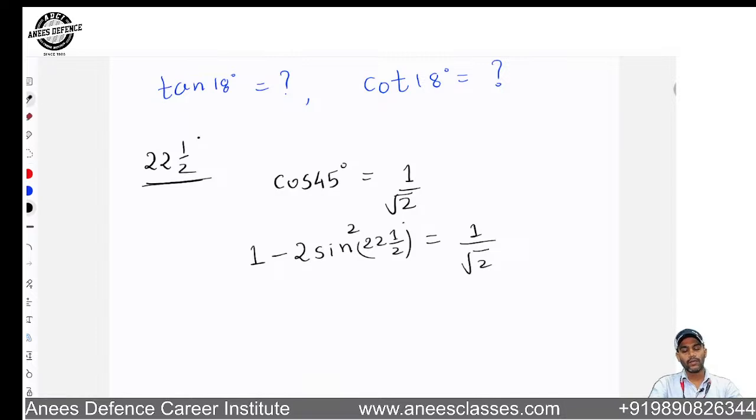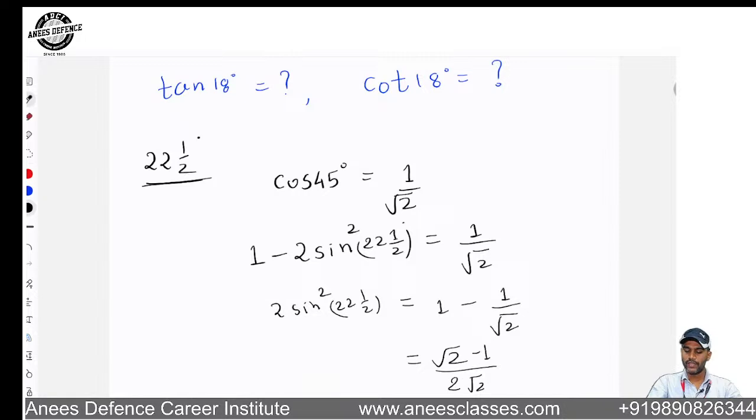Now, what can we do? 2 sine square 22 and half would be equal to 1 minus 1 by root 2. That is equal to (root 2 minus 1) over 2 root 2, which is sine square 22 and half. Is there any doubt?